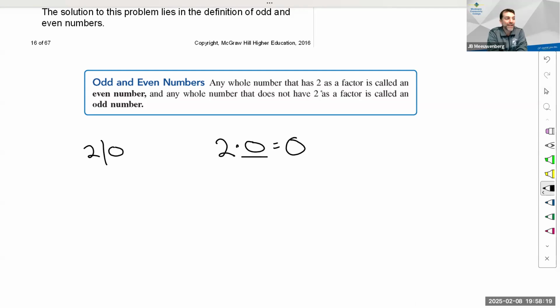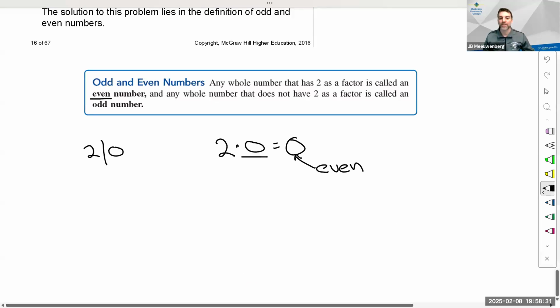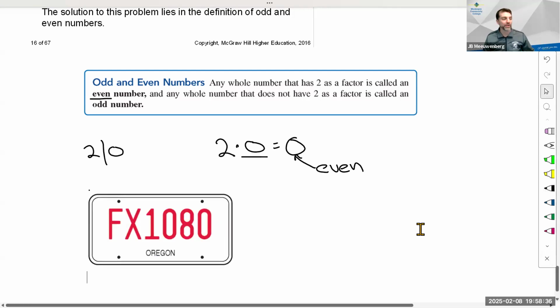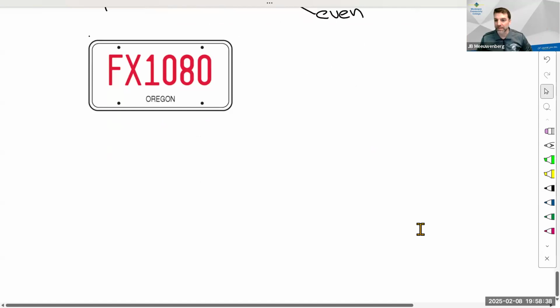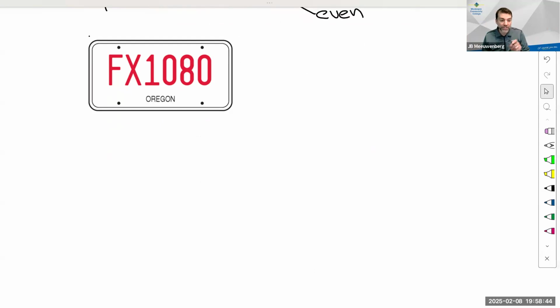And if 2 is a factor of a number, then that number is even, which by definition makes 0 an even number, not an odd number. So someone driving around Oregon with a license plate like this would be getting their gas on even numbered days. So 0 is classified by the definition as an even number.